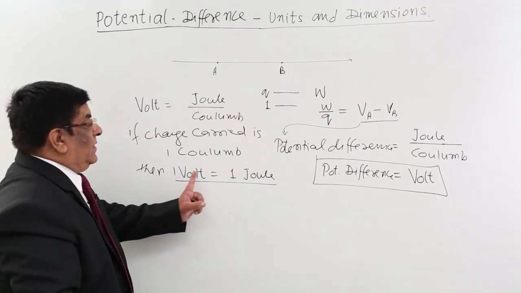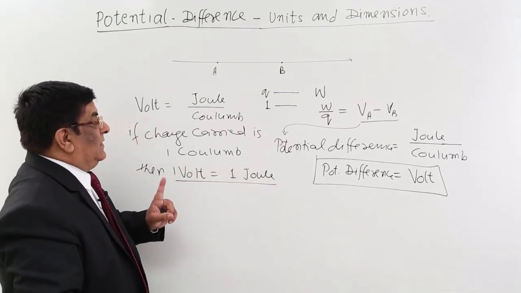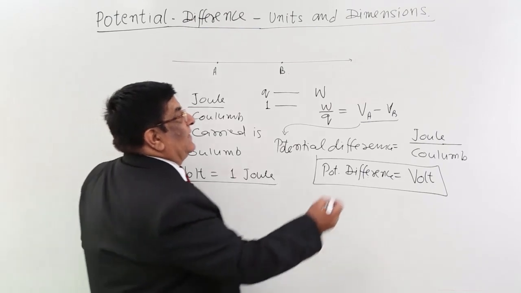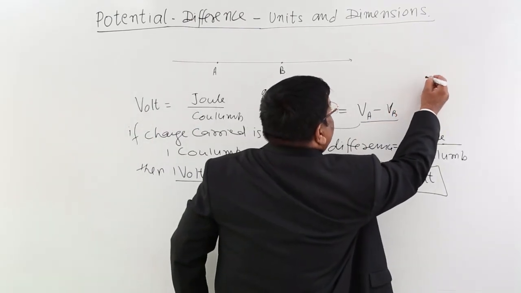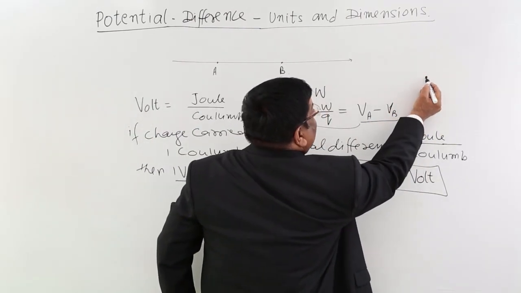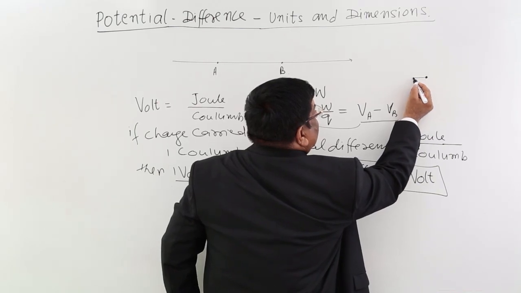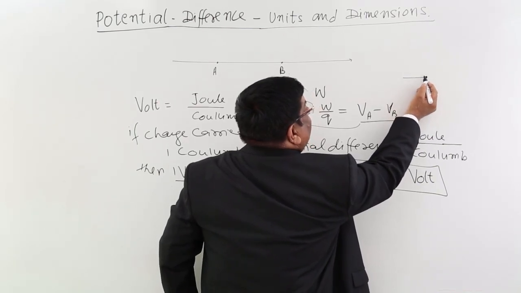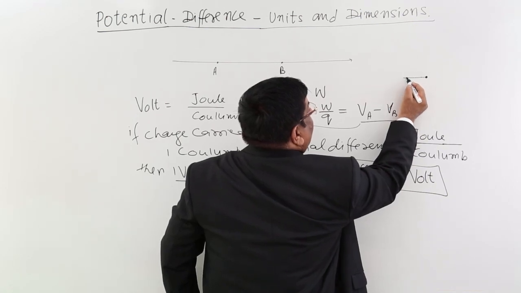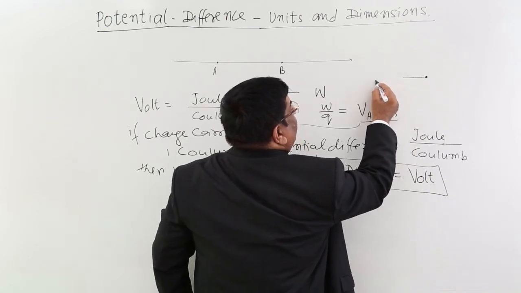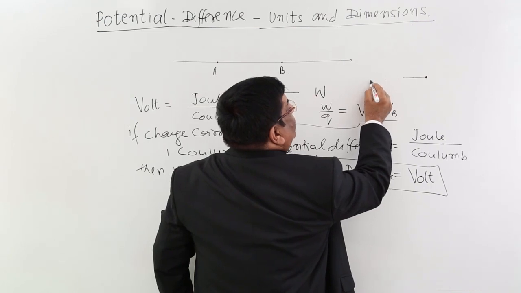So remember this: when I am carrying 1 charge in my hand and I keep carrying it this way, and I go on counting the work done, 0.1, 0.2, 0.3, 0.6, 0.8, 0.9 and 1.